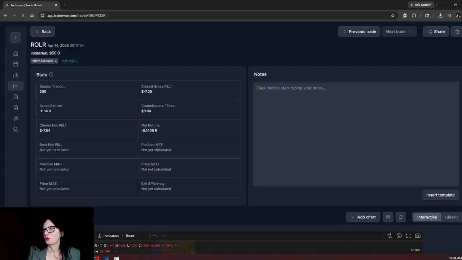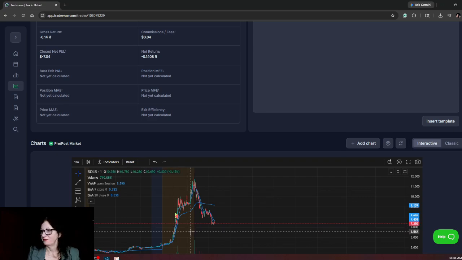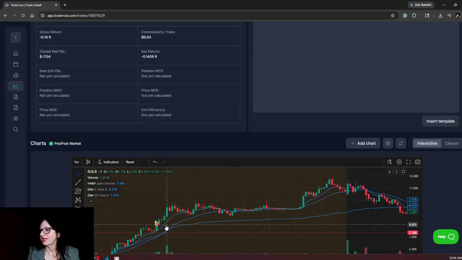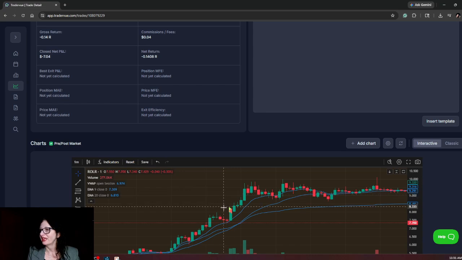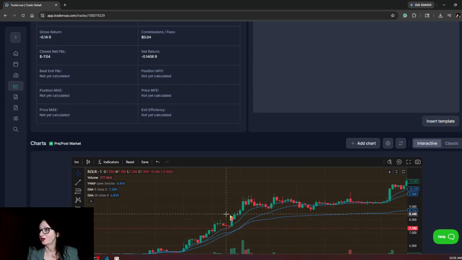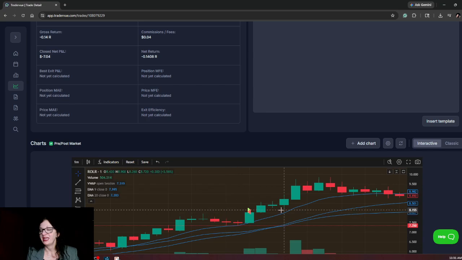So this last one I think is interesting because this is a leg up that I think I could have made a lot of money on, okay? But it hit my stop. And because it hit my stop, I had to get out. I was only risking 10 cents a share. So when I saw it hit negative $10, I was out like a shot.